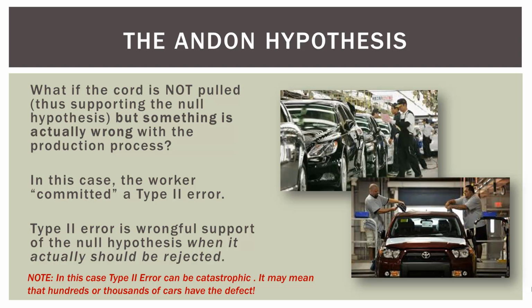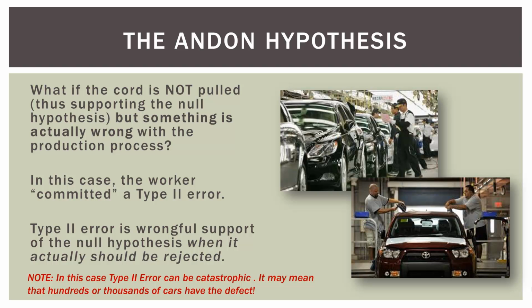So again, think of the difference between type 1 and type 2 error. In these two cases, type 1 was kind of a false alarm. So the alarm was pulled when there really wasn't a fire. The andon cord was pulled when there really wasn't a major problem. That's annoying, but it's not catastrophic in terms of the consequences. But type 2 is.